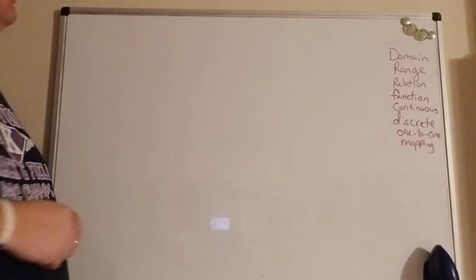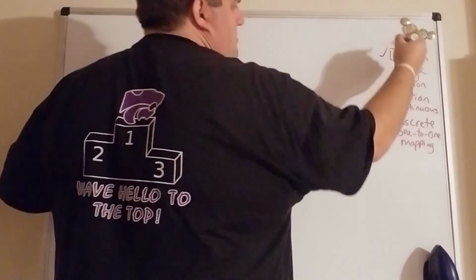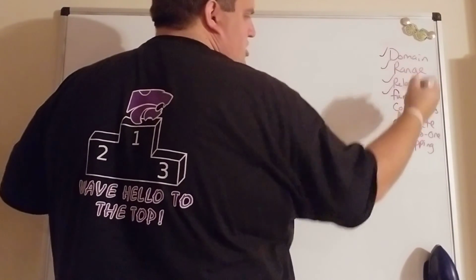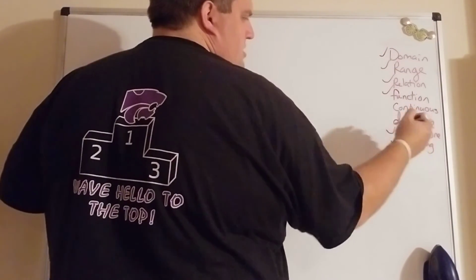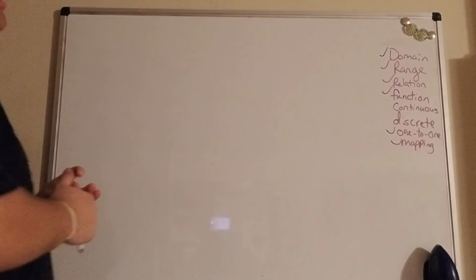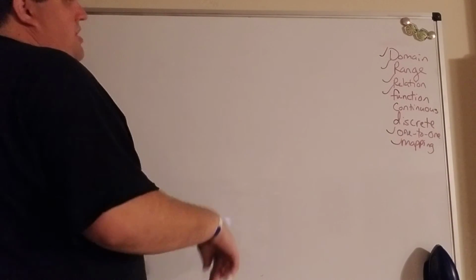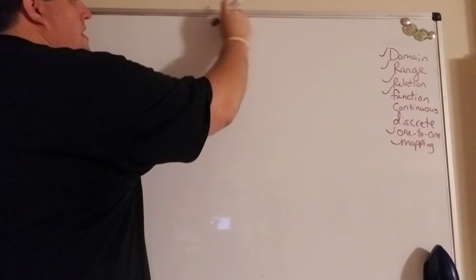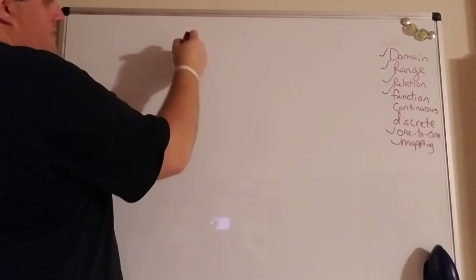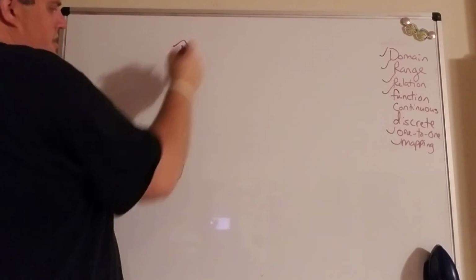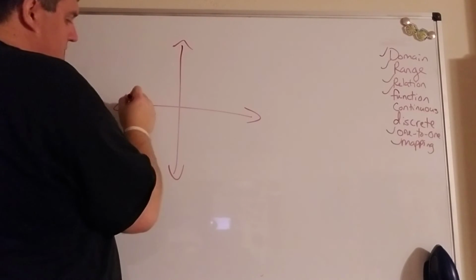All right, we talked about domain, we talked about range, we talked about relations, functions. Oh, continuous and discrete data. We did not talk about that. So sometimes, I'm going to show you two graphs. This is pretty easy, I think.